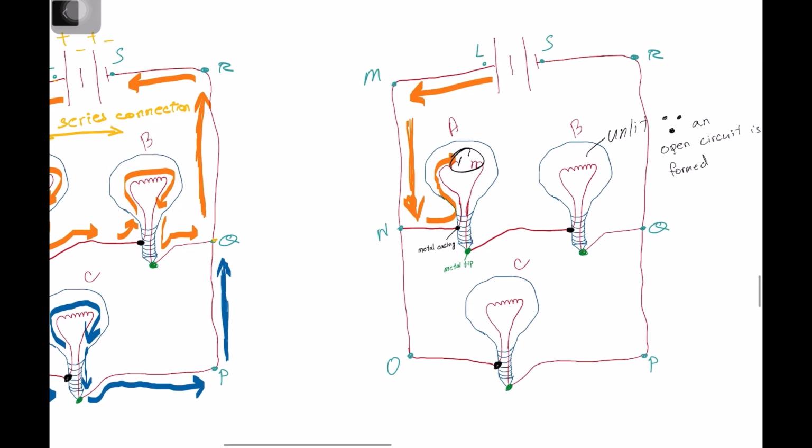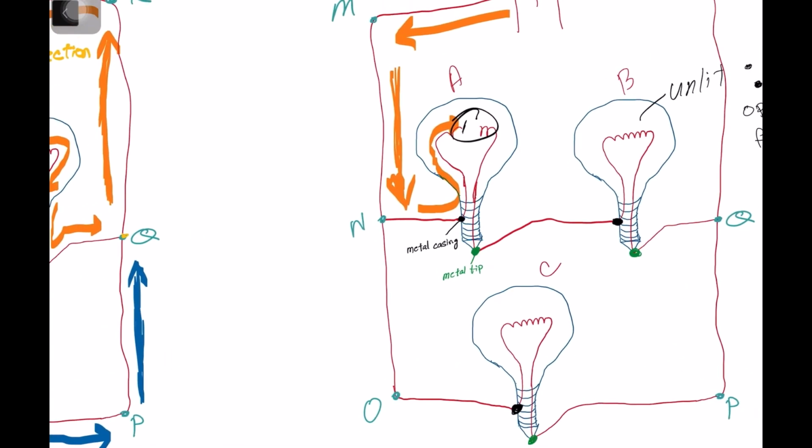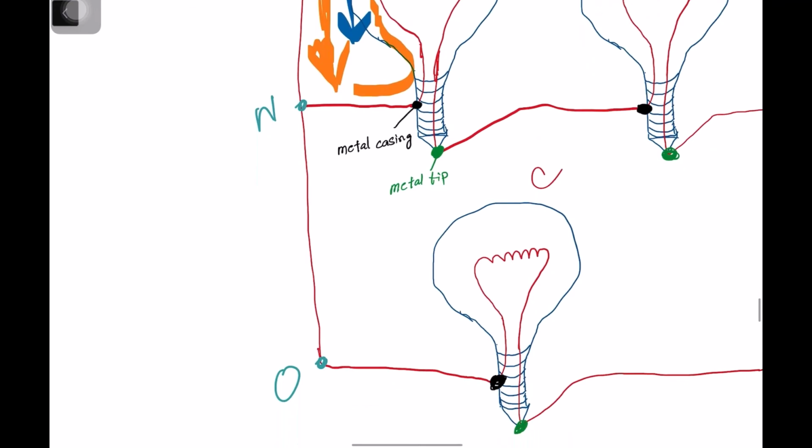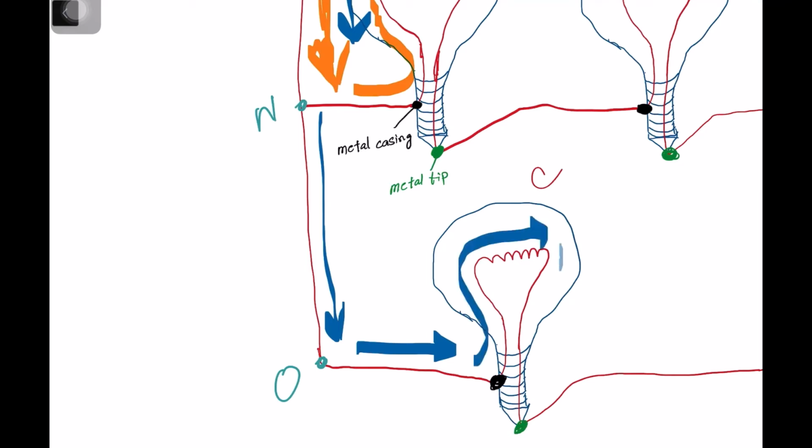We have current flowing from L to M, this orange arrow, and from M to N, this blue arrow, and now from N to O, and then from O to bulb C. So the current would flow into bulb C through the filament and then out of the bulb like this.